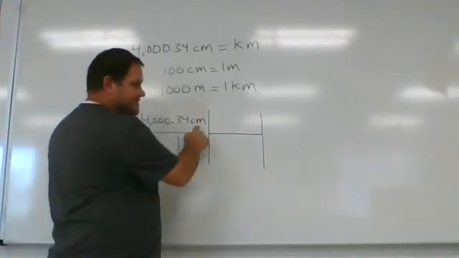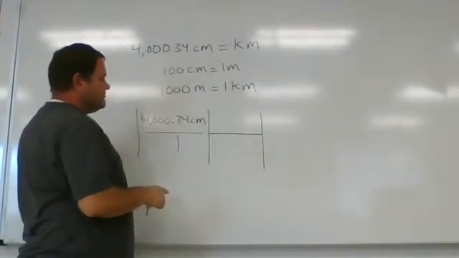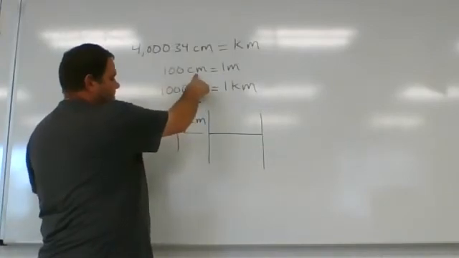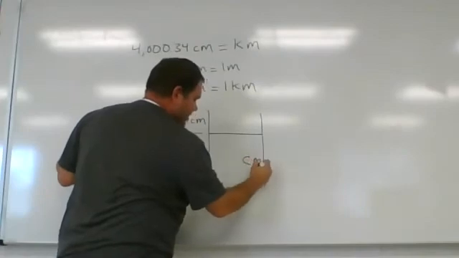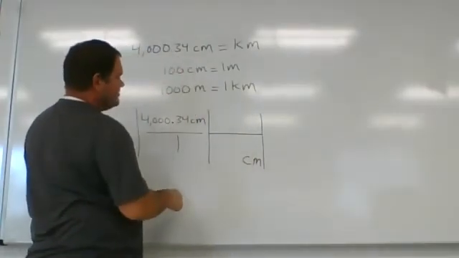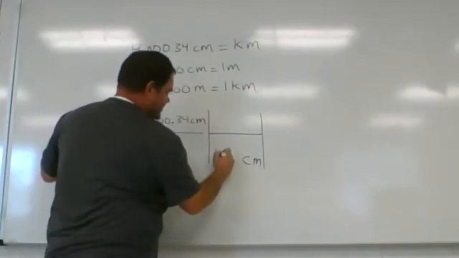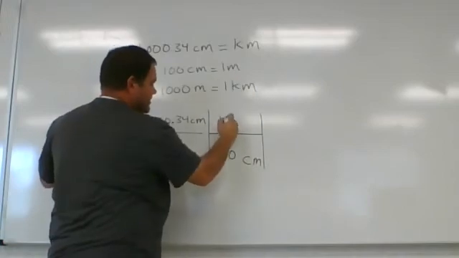Well, the unit here is centimeter. So which one of these has centimeter in it? Well, the top one. I need to get rid of centimeter, so I'm going to put centimeter on the bottom because they're diagonal. So when they divide, they'll cancel out. And I'm going to put 100 as my value, 100 centimeters, which is equal to 1 meter.